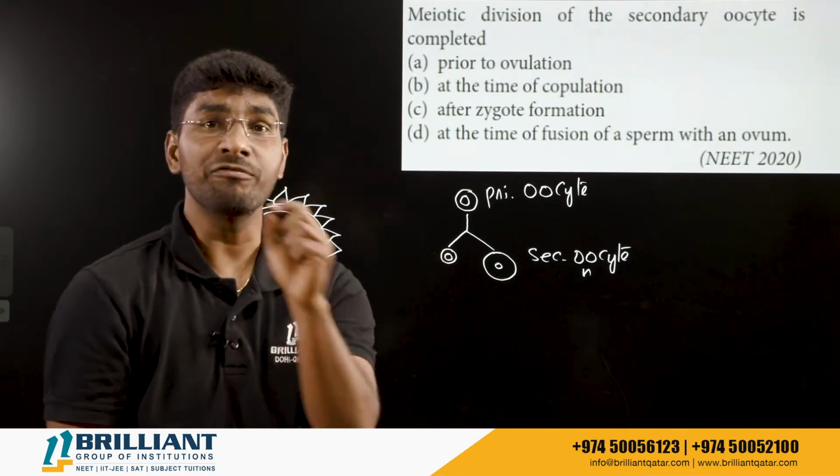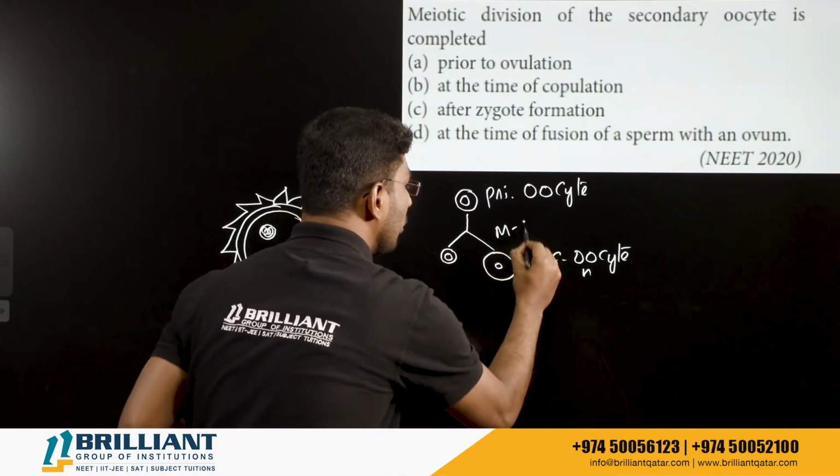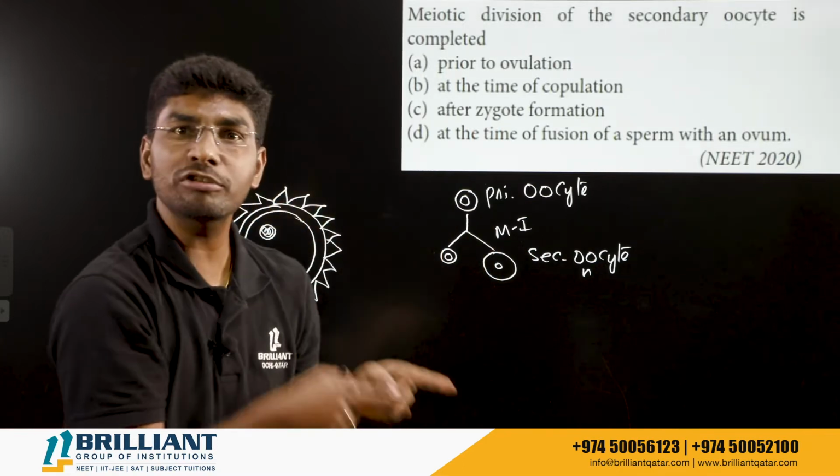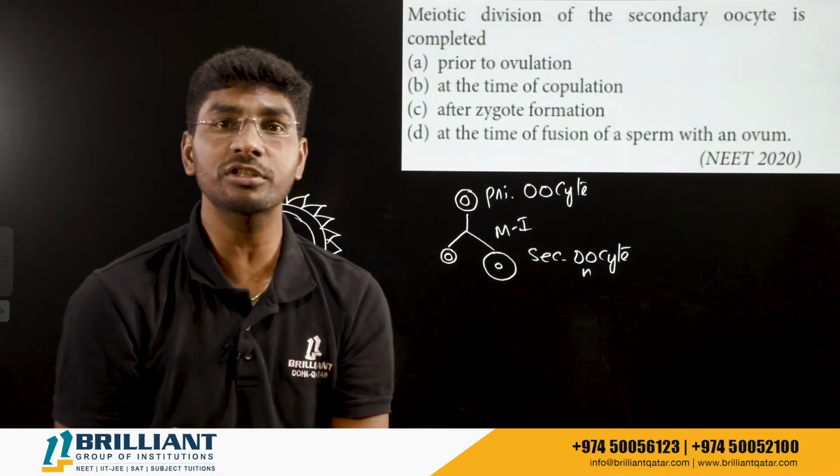They're asking, when will it complete the meiotic division? So it is meiosis 1 only. It has yet to complete meiosis 2. So when will the secondary oocyte complete the meiotic division?